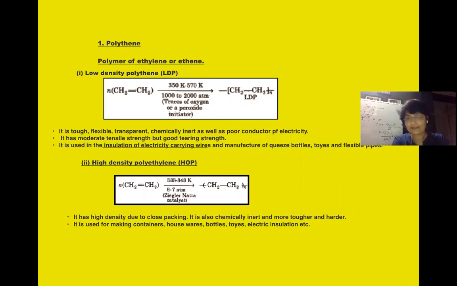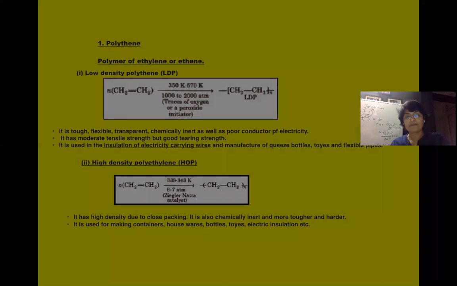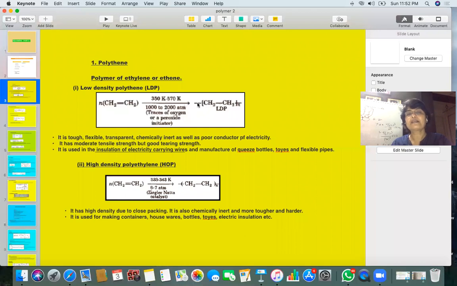When you're writing it, you need to check that a slash has to be given. What does it mean? That this is continued, and it's a low density polythene. Uses are given. Where do we use polythene? In competitive exams, they give you a use and ask which substance it is, which remains as polymers.